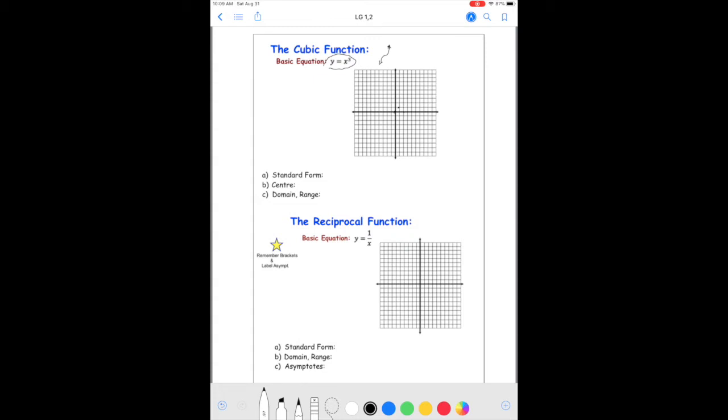If I pick 2, 2 times 2 times 2 is 8. Now if I go to the negative side, negative 1 times negative 1 times negative 1 is negative 1. And negative 2 times negative 2 times negative 2 is negative 8. So there's enough points to get a good sketch of that function.